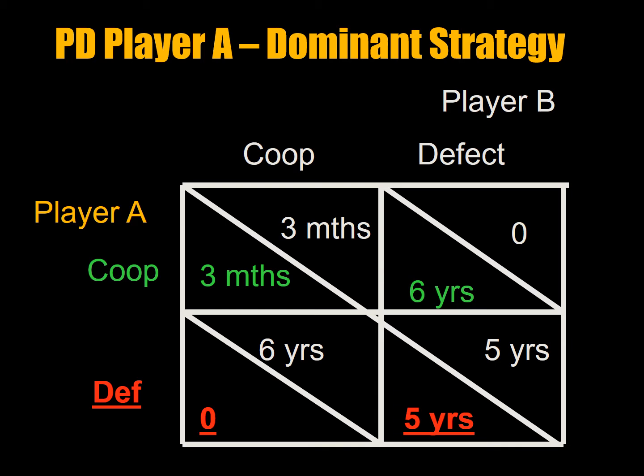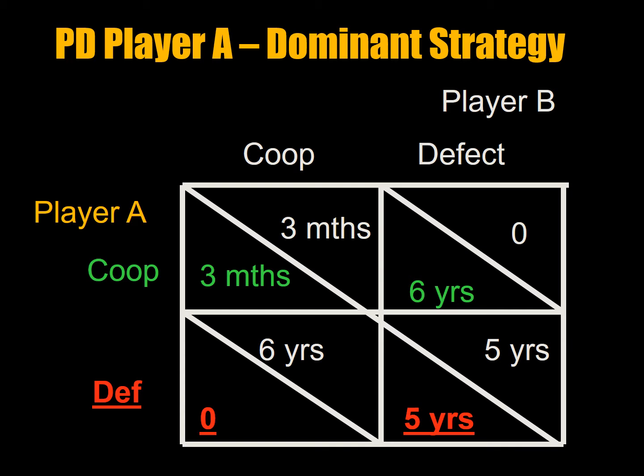Player A's payoff for cooperation is 3 months in that column. Player A's payoff for defection is 0 time in jail. So what's better, 3 months in jail or 0 time in jail? Obviously 0 time is better. So player A will choose between these two cells to defect.